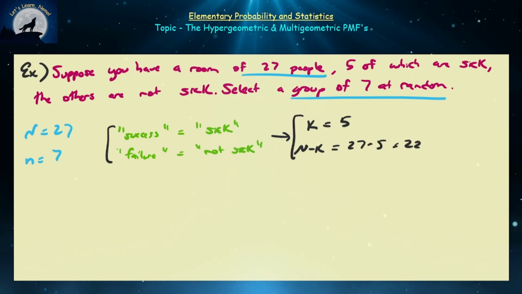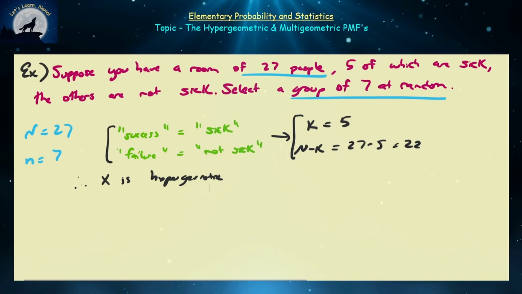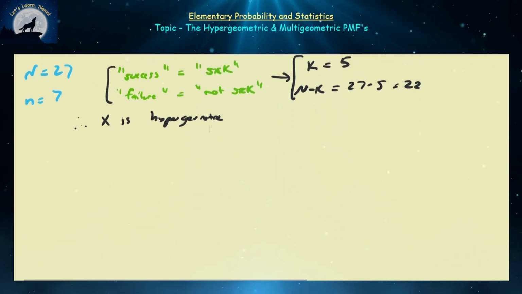So if we select a random sample of 7 people, and we assume that the sickness of one does not affect the others, then x is hypergeometric.